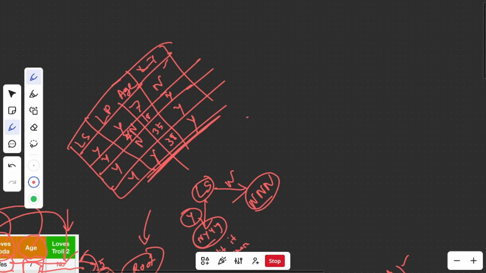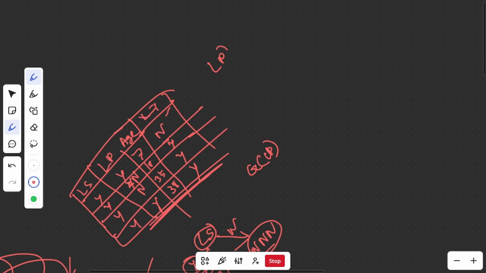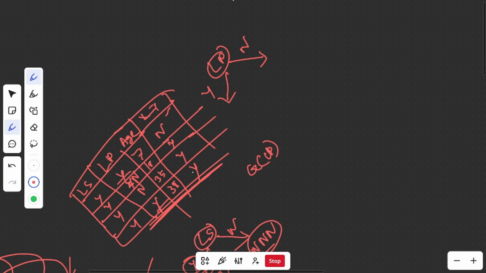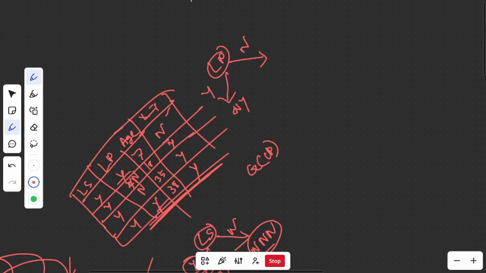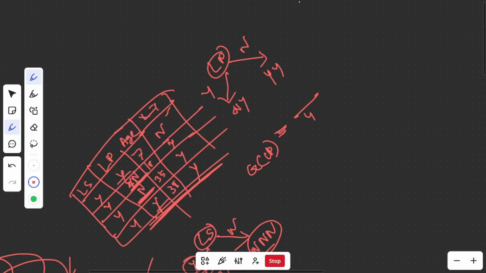So let's find the Gini impurity of loves popcorn. For loves popcorn, yes, there are 2 data: no and yes. For loves popcorn, no, there are 2 data: yes and yes. The total is 4 data, 2 out of 4 here.